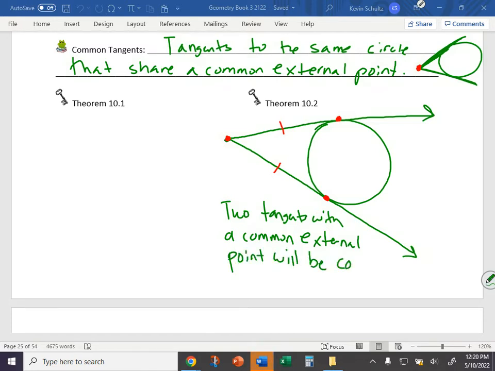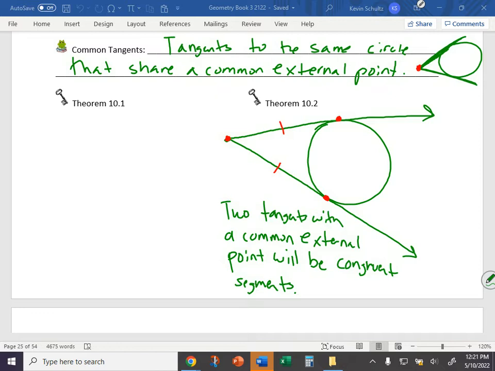Okay? So the measurable part, that segmented part of a tangent from the common external point to the circle will be congruent segments. All right? Other questions? Good questions so far?